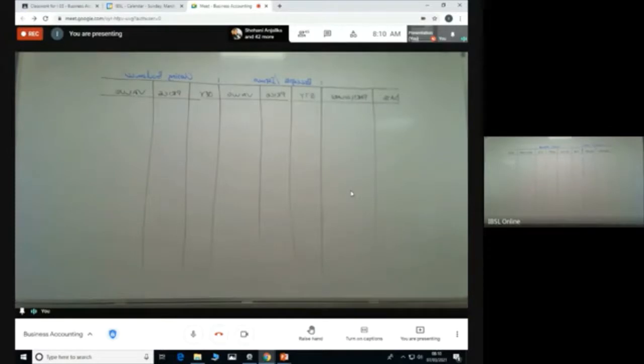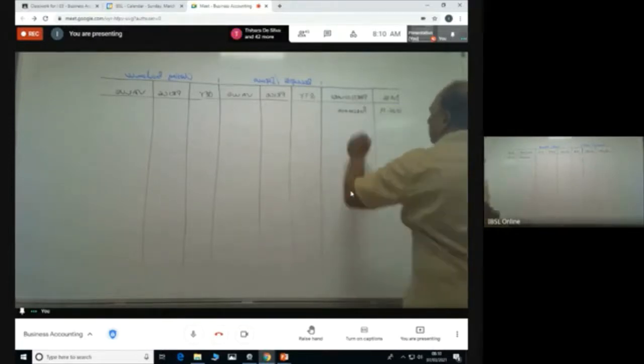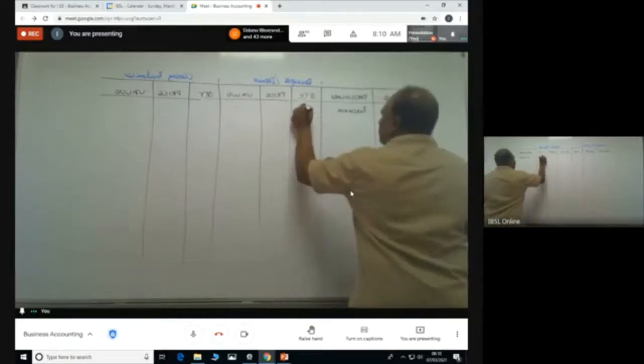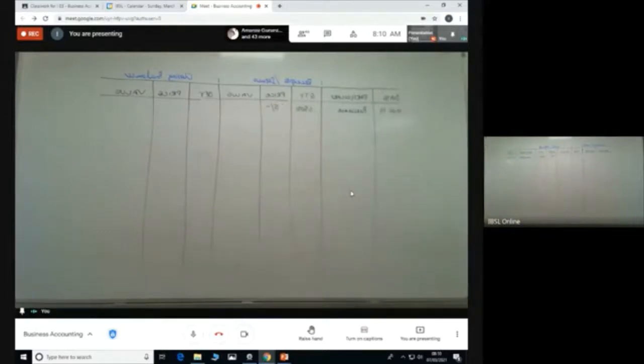And of course the price. Okay, so let us look at the first one. The first one is a purchase or receipt. The date is 10th of May. It is a purchase, and the quantity is 1,500 at 5 rupees each.